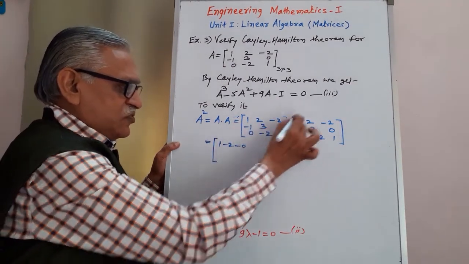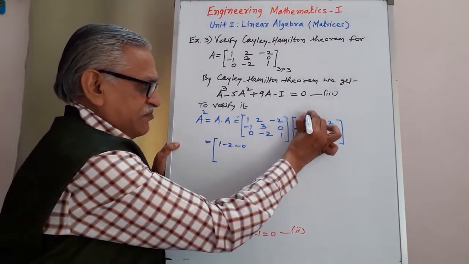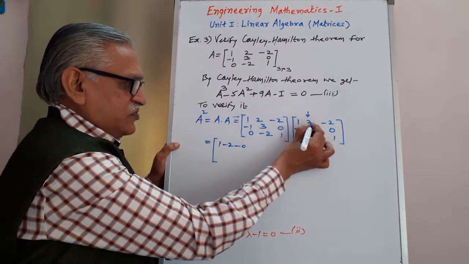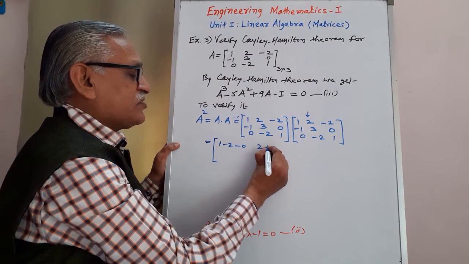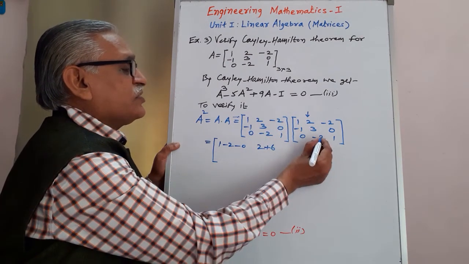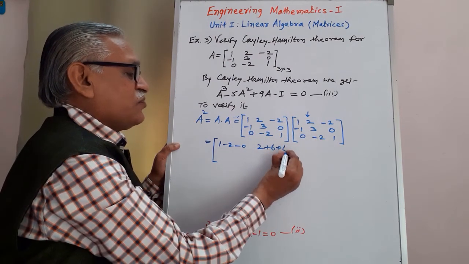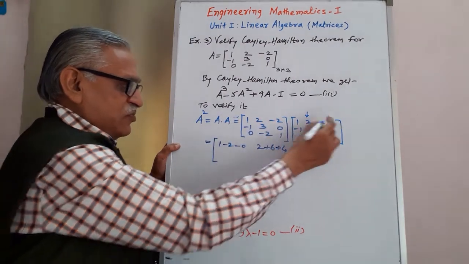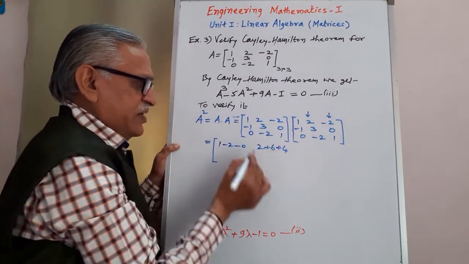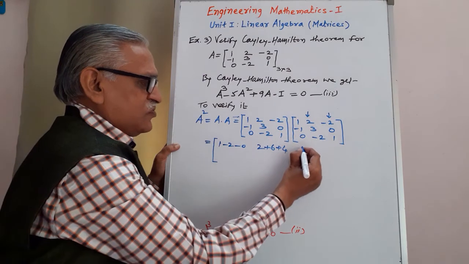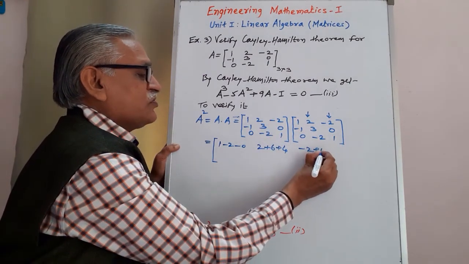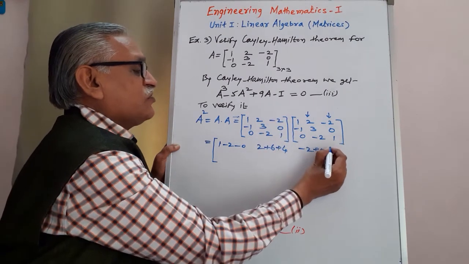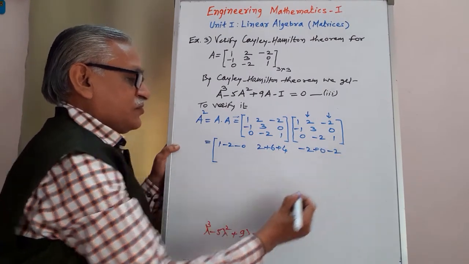Then by the same row to the second column, we get 1 into 2, 2, 2 3s are 6, and minus 2 into minus 2 plus 4. Then by the same row to the third column, we get 1 into minus 2, minus 2, 2 into 0, 0, minus 2 into 1, minus 2.